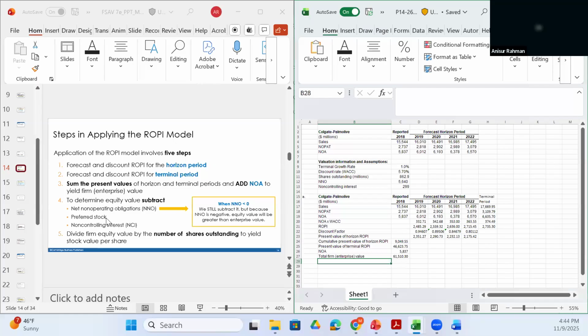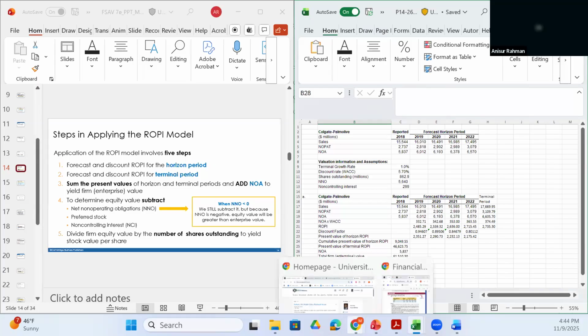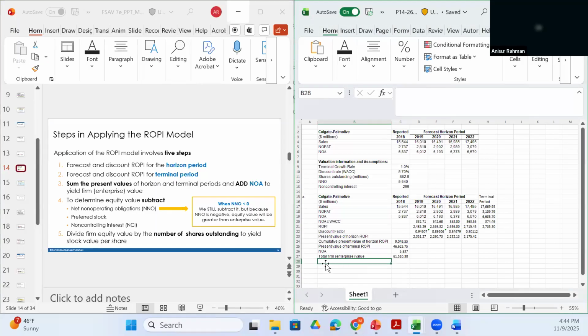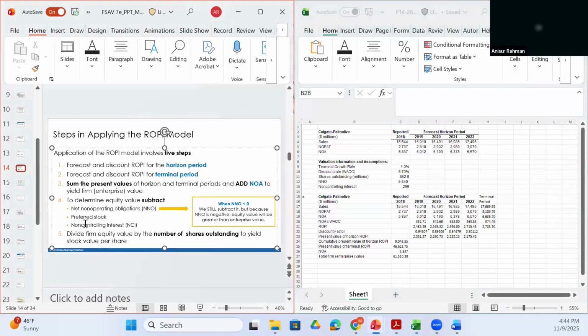Okay. Now to determine equity value. So the question is, we have to find out the value of a share, right, of common stock. So that means we need to know the value of equity. So we have to subtract net non-operating obligation, preferred stock, non-controlling interest.